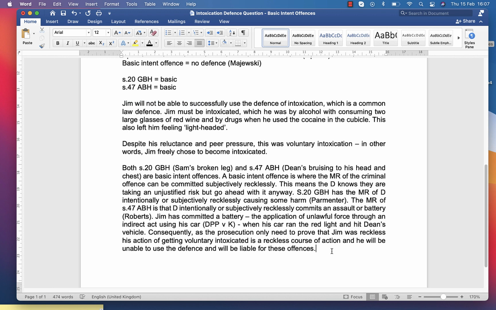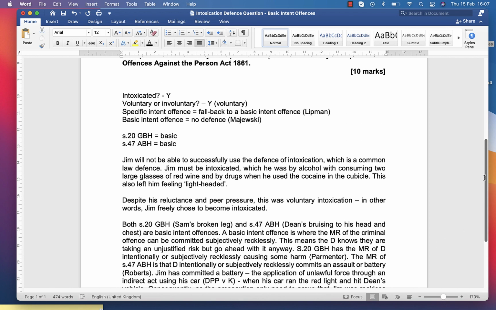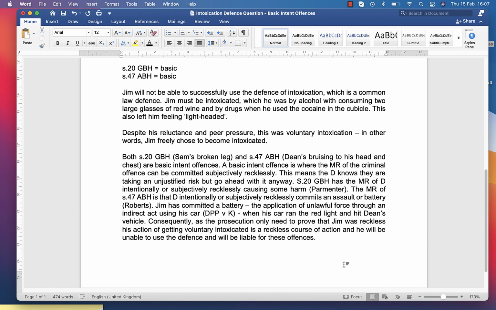Just looking at briefly, is there anything else I potentially want to add? Well, I haven't, have I? I was going to say, I could tie it back to the bruising part here. So, let's see. The mens rea is the intention to commit an unlawful act.